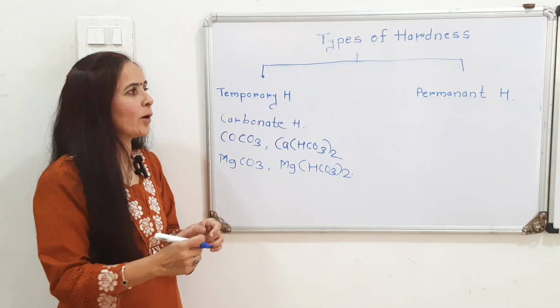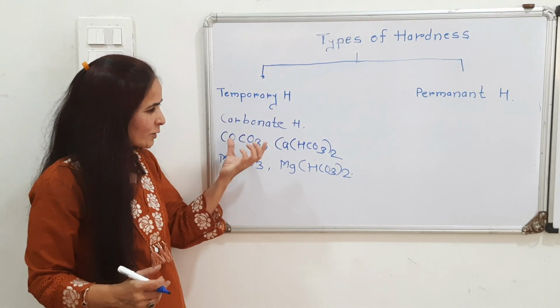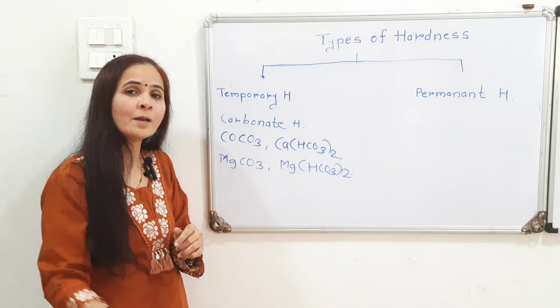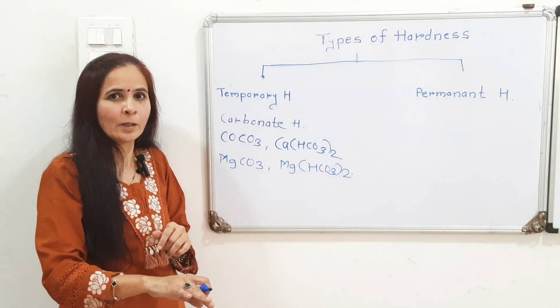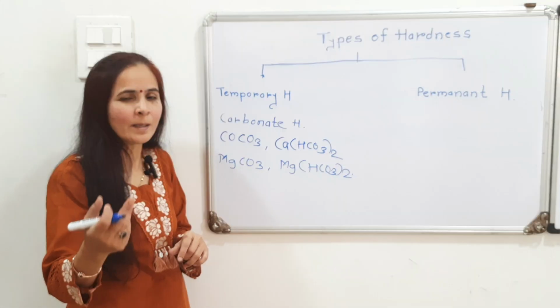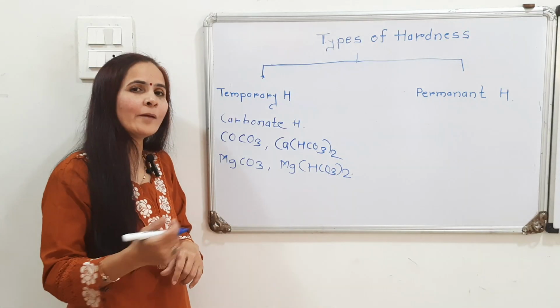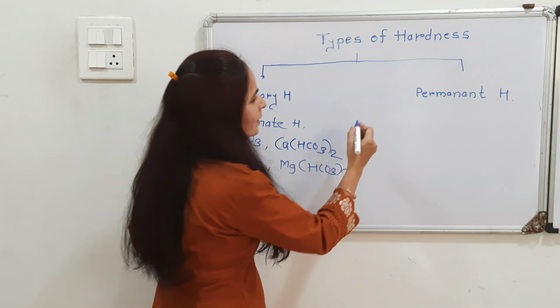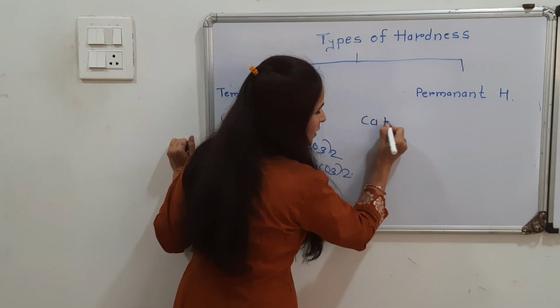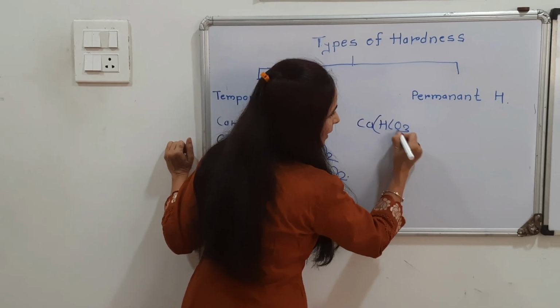What happens in boiling? The soluble bicarbonates get decomposed to insoluble carbonates, and that insoluble precipitate we can remove by simple filtration. I will show you with the reaction: calcium bicarbonate, Ca(HCO3)2.